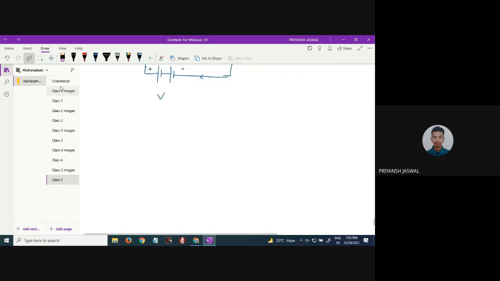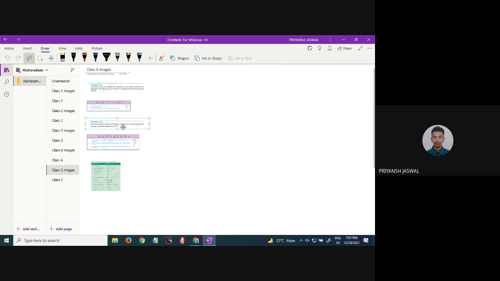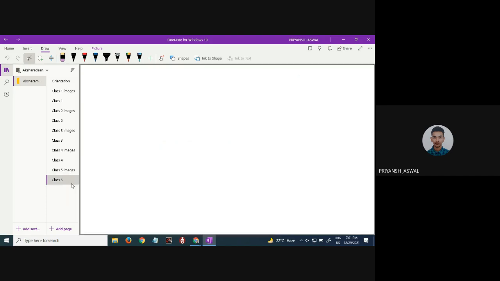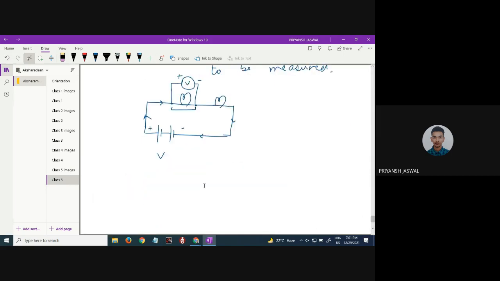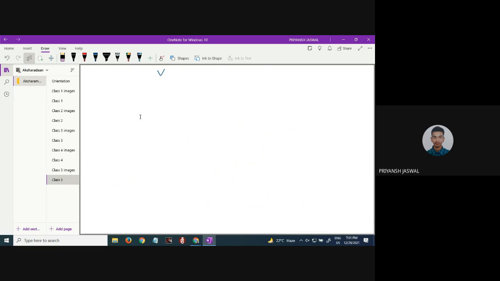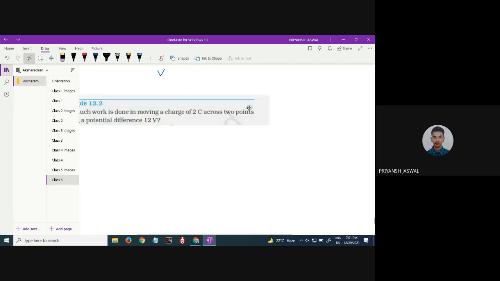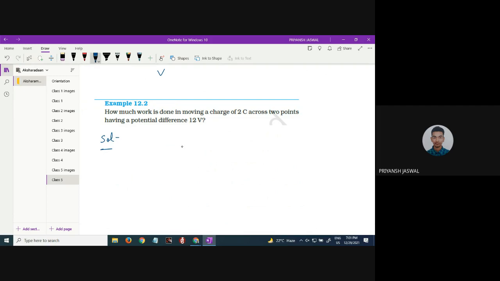Let's do a question. The question is how much work is done in moving a charge of 2 coulomb across 2 points having potential difference 12 volt.